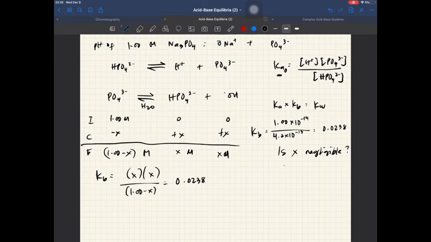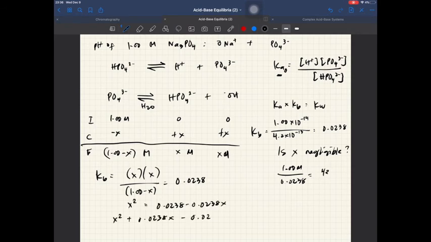If we calculate whether or not x is negligible, x is not negligible. Suppose we have 1 molar divided by the Kb value, 0.0238, you get a value that would give you a hint that x is not negligible. The value is 42, and that is 10 to the 1. So therefore, x is not negligible, and we need to evaluate this expression using the quadratic formula.